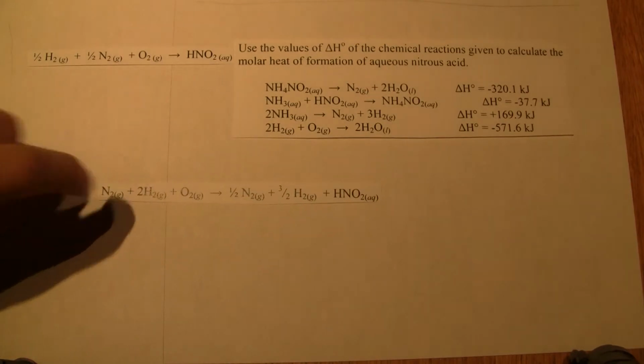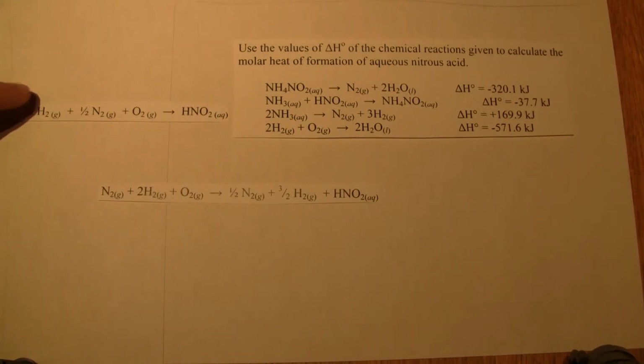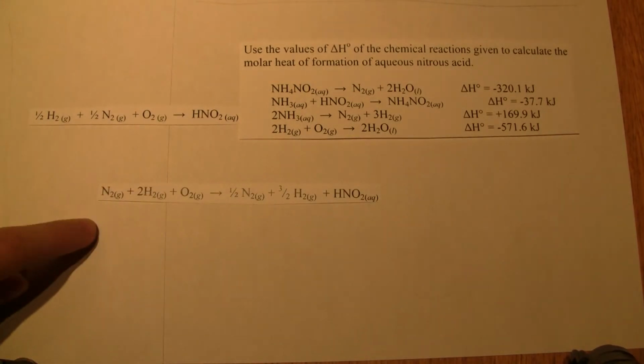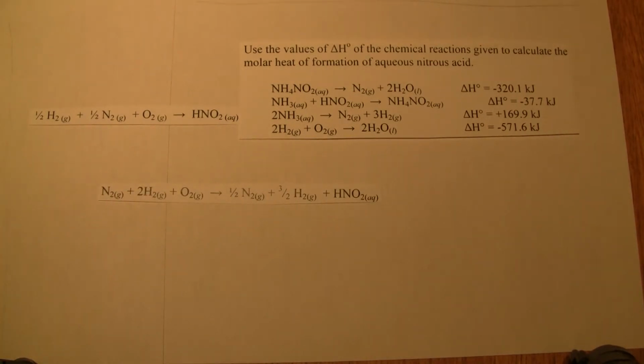So this equation, now what we need to do to have it become this equation is to have all of the moles of nitrogen and all of the moles of hydrogen on the same side. The oxygen and the nitrous acid we don't have to do anything about. And so for this, very simple, all we have to do is subtract. Because we have half a mole of N2 here and a whole mole here, obviously this is going to cancel out.